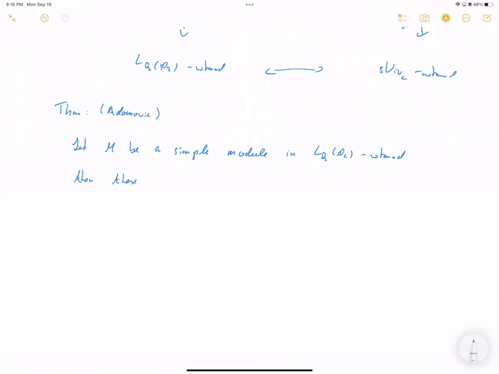Then there exists an M tilde in the bigger algebra with a property which surjects on M. So this means every simple module of SL2 appears as a quotient of a module of the bigger algebra.